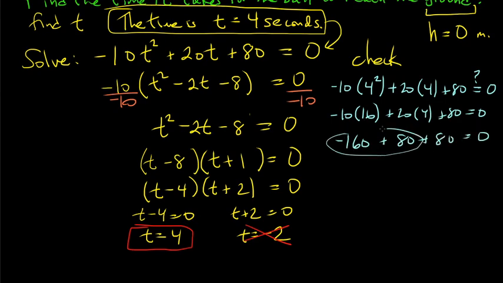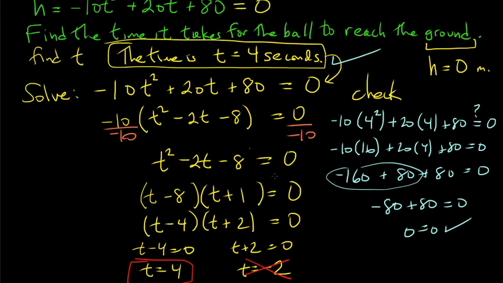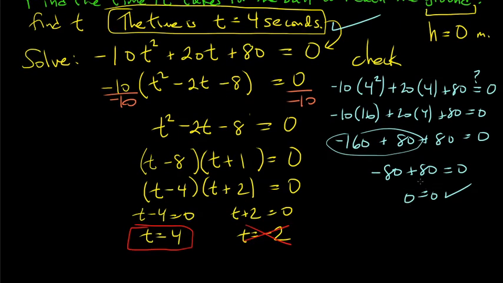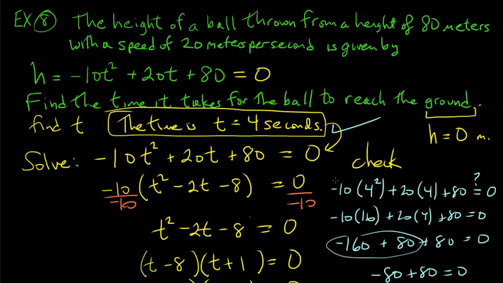And negative 160 plus 80 is just negative 80. And negative 80 plus 80 is indeed 0. 0 equals 0. So I think we have it, right? We know the answer has to be 4 seconds because it fits the equation, right? It solves the equation. Okay, so that's how this goes.